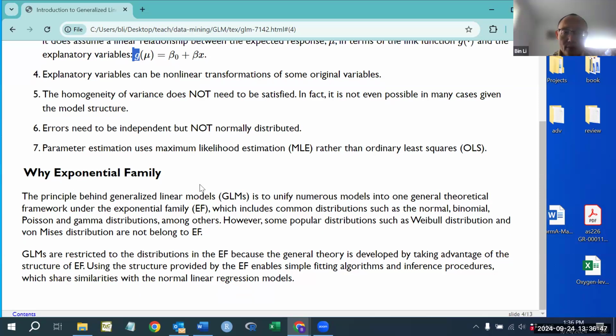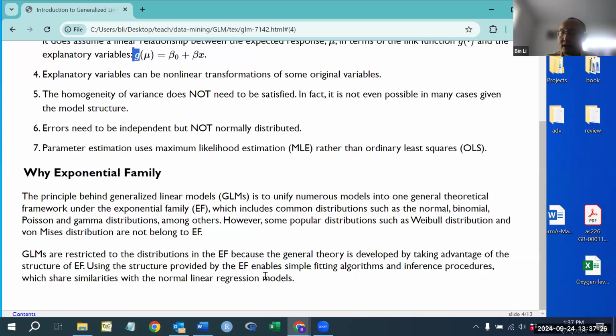So why exponential family? I've already explained that, because the principle behind GLM is to unify several models into one very general framework under the exponential family, so that we can use the same estimation and inference to interpret and predict for all these models.